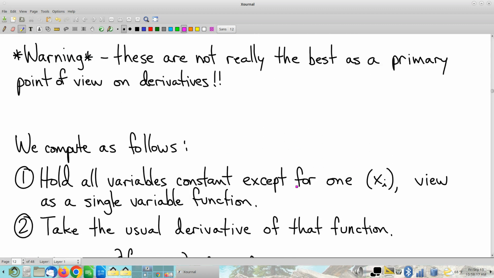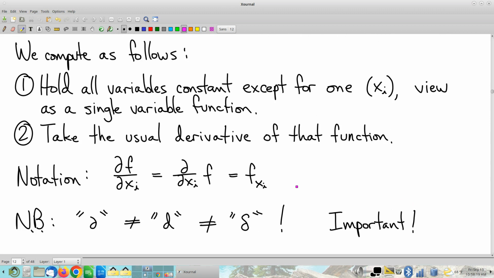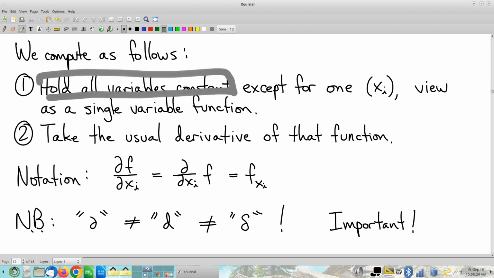Here we go. Here's how you compute this thing called a partial derivative. You've got a function of several variables. You're just going to pretend that most of those variables aren't variables. You're going to momentarily say, let's treat them as constants. Let's suppose, hypothetically, let's pretend that these are constants, which is outrageous, right?